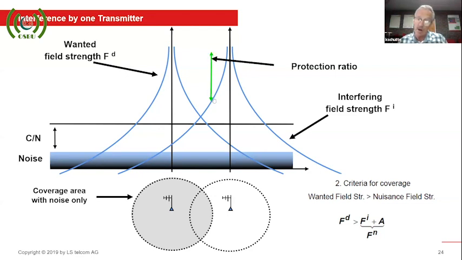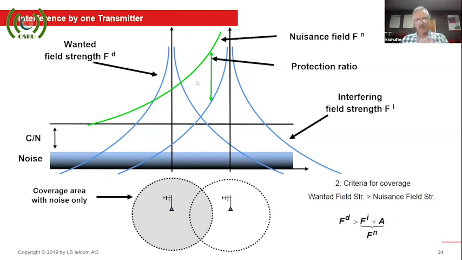So you need to be 20 dB higher than the other signal in order to have reception. So we can already see that there's a definite problem here, because if we look at this point, say there, where the minimum received signal is, and you go up there, this signal is already, say, 10 dB higher, and then you still need 20 dB for co-channel. So this transmitter will suffer severe interference.